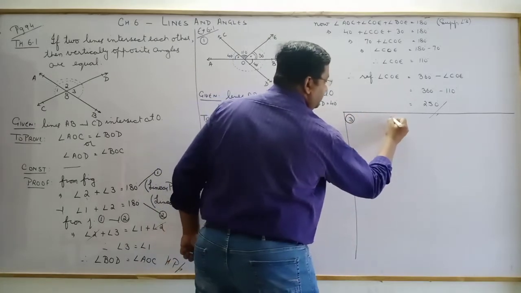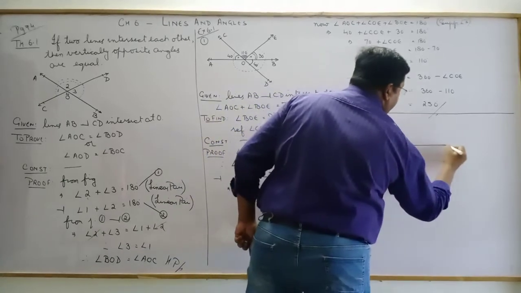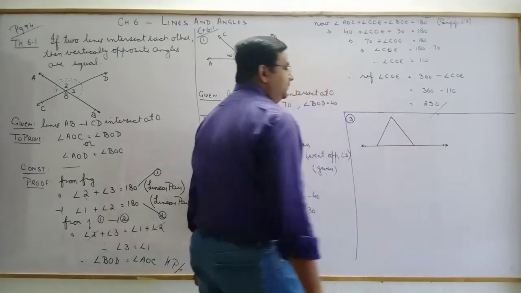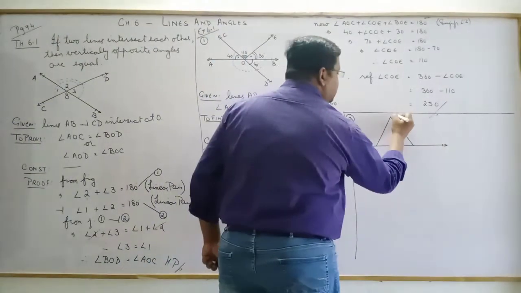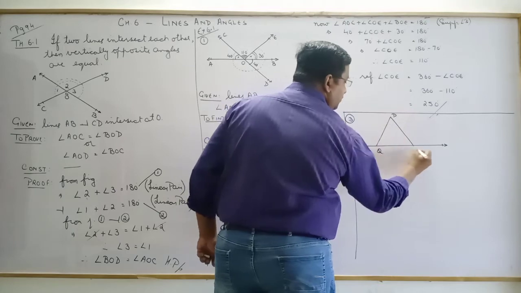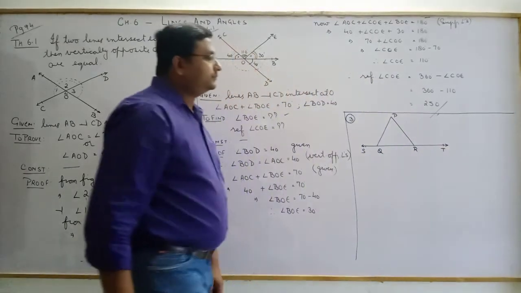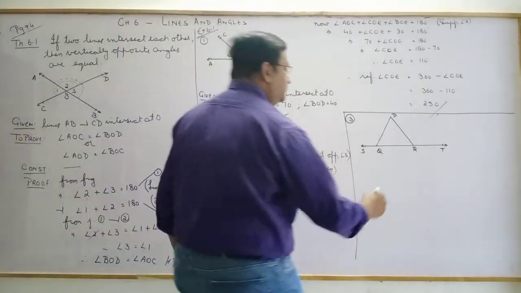This is the figure. Triangle PQR. This is P, this is Q, this is R, this is S, and this is T.